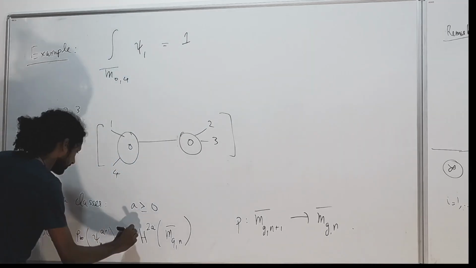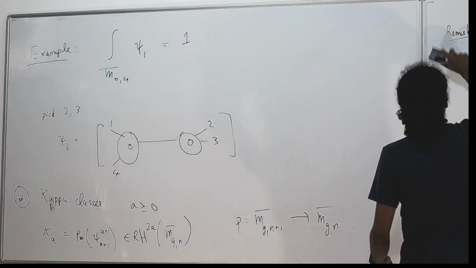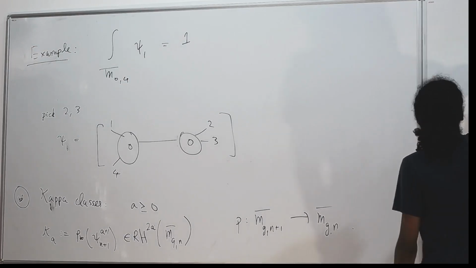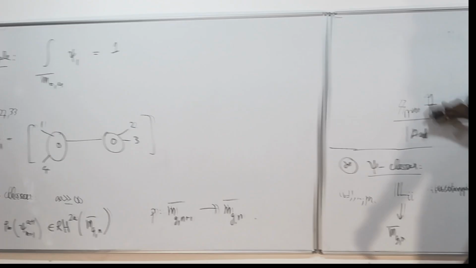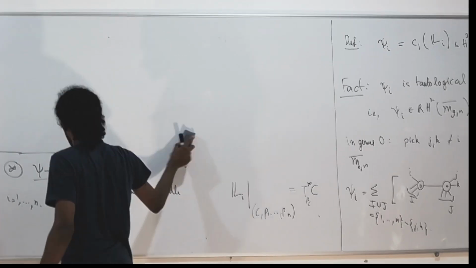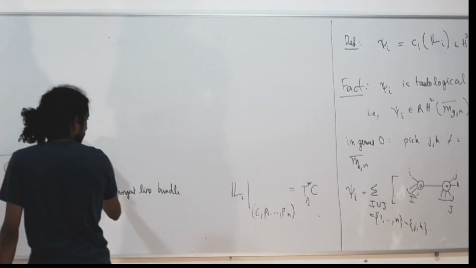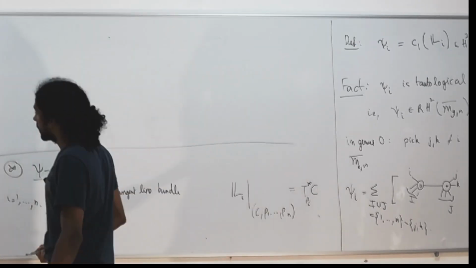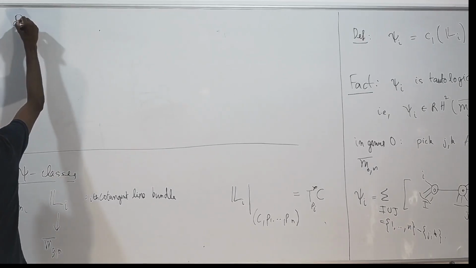Okay. Classes. The last thing we need is these things called decorated stable graphs.